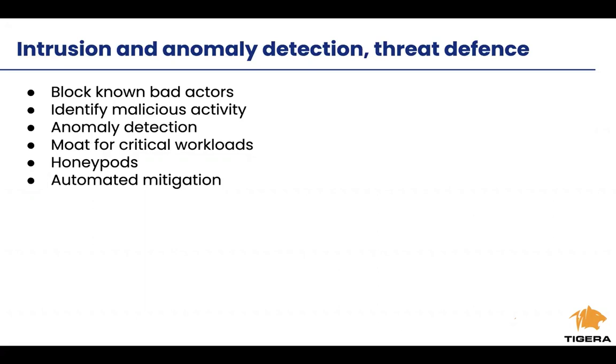There is also honeypot capability that allows you to create these luring pods for intruders to, once they hit that pod, we trigger the deep packet inspection on that. You can trigger packet capture.